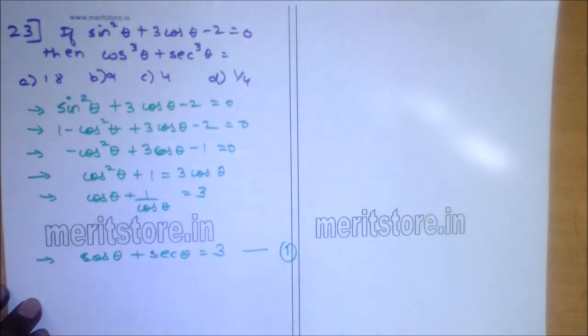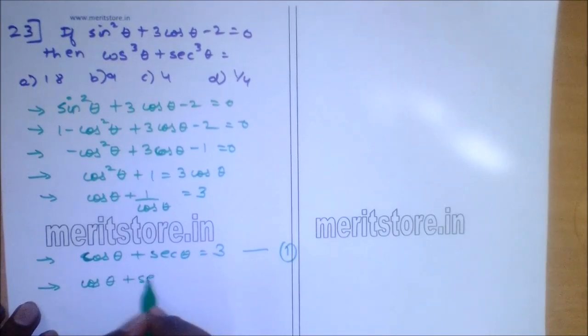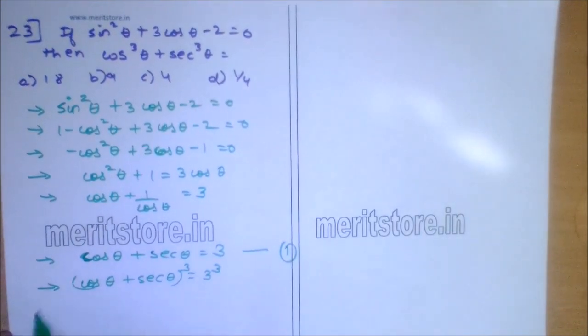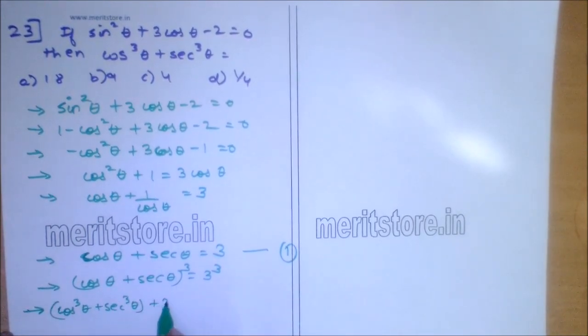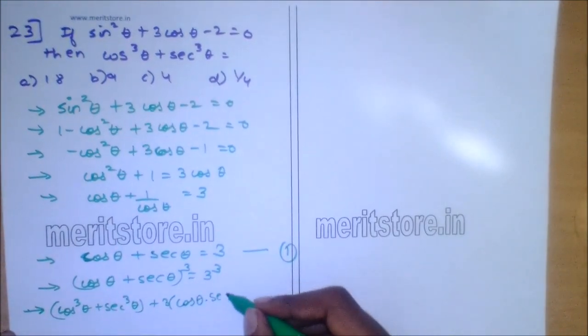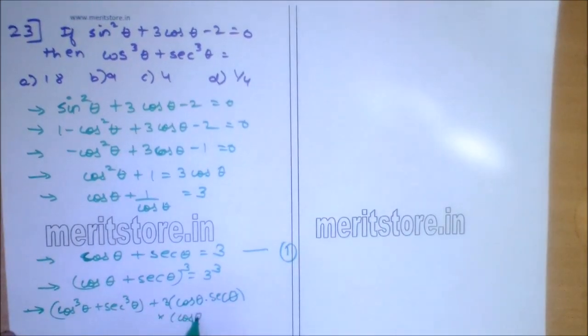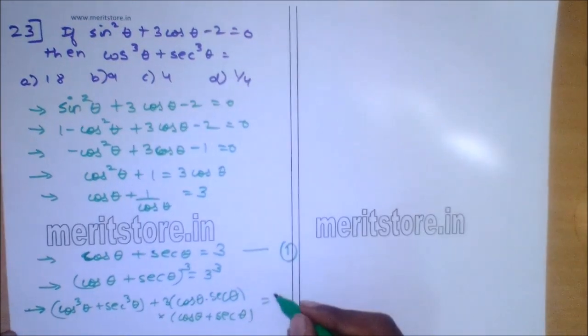Now we cube both sides. So cos theta plus sec theta, the whole cube is 3 cube. That is cos cube theta plus sec cube theta plus 3 into cos theta sec theta into cos theta plus sec theta equals 27.